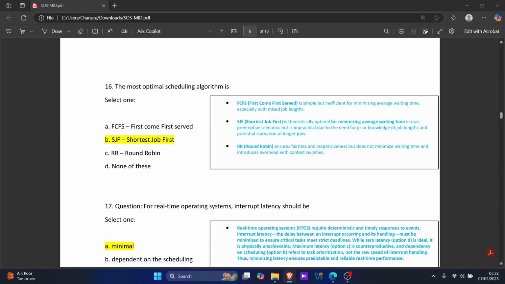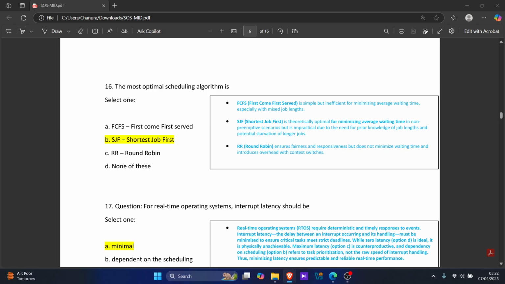Since the question doesn't specify preemptive or non-preemptive, maybe they're expecting that SJF is the answer. But sometimes, in exam settings, the answer might be none if the optimal one isn't listed. For example, if the question is about all possible scheduling scenarios, and the optimal depends on the situation, but since the options don't include SRTF, which is preemptive and more optimal than SJF in reducing waiting time, then none would be correct.